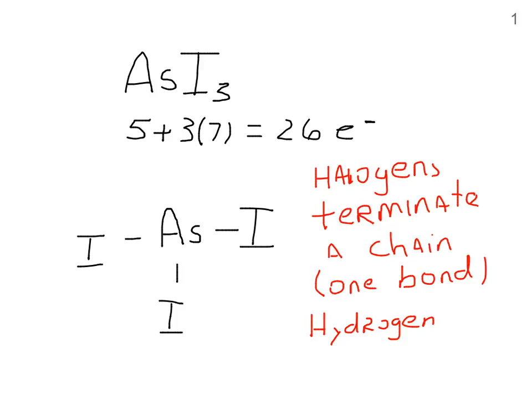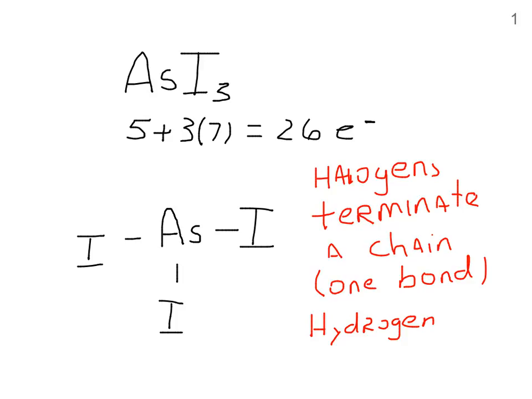Hydrogen's reason is a little different because hydrogen's noble gas configuration is helium. Helium has 2 electrons. The most hydrogen can have around it is 2 electrons, meaning one bond. Hydrogen doesn't have enough protons to hold any more than that. Hydrogen doesn't have a p sublevel. It couldn't put any more electrons around a hydrogen if you wanted to, because it only has one puny little skinny proton in there. Max electrons I can hold around it are 2.